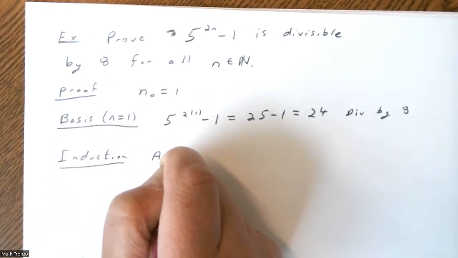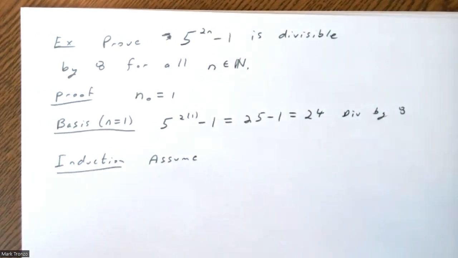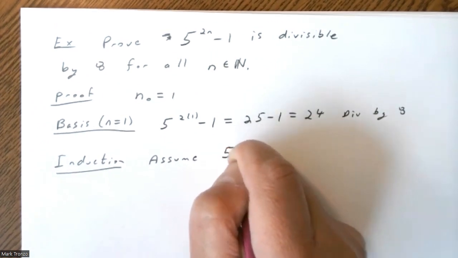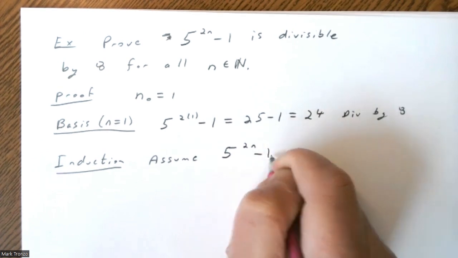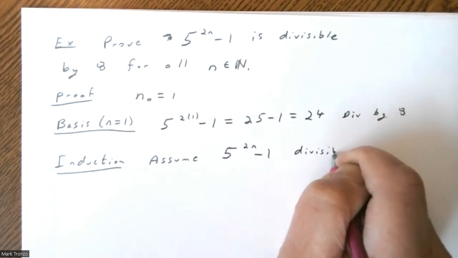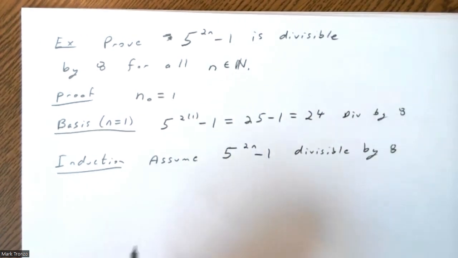And remember, with induction, we're allowed to assume that 5 to the 2n minus 1 is divisible by 8.